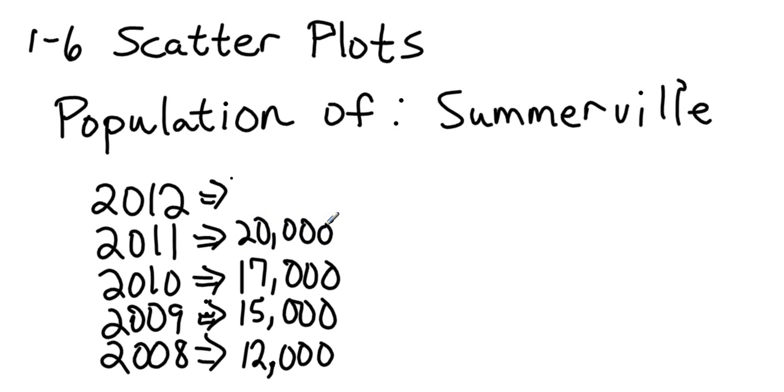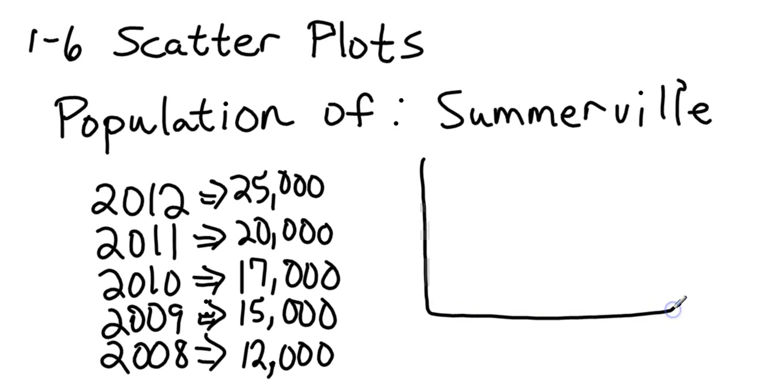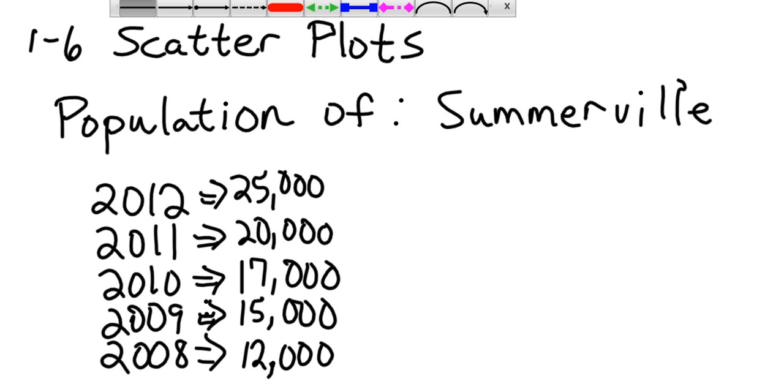And then finally, let's say we ended up at 25,000. We're going to create a scatter plot that shows this type of information. You know what? I don't want to do that. I want to make straight lines.